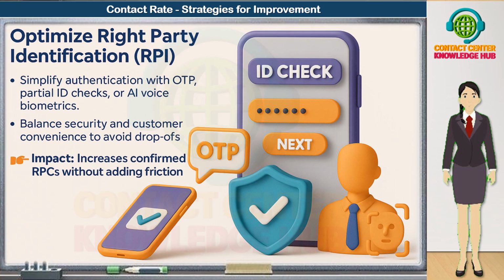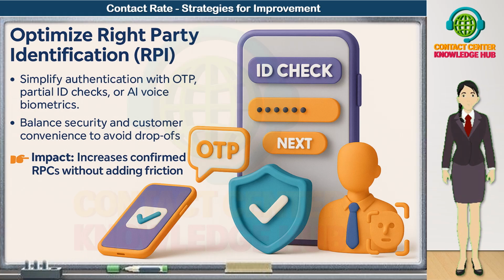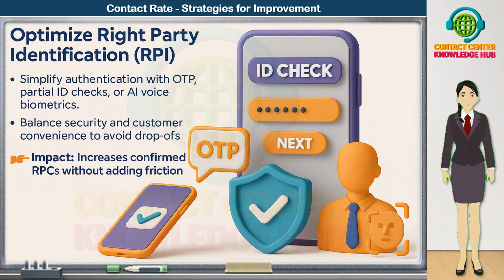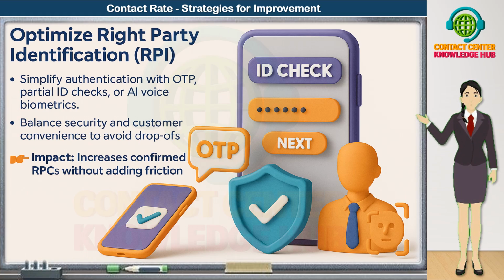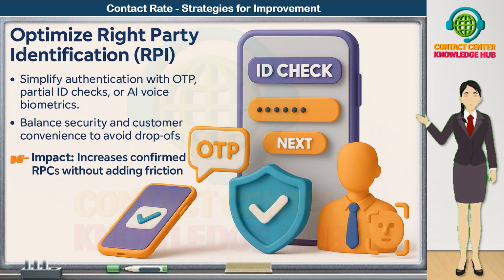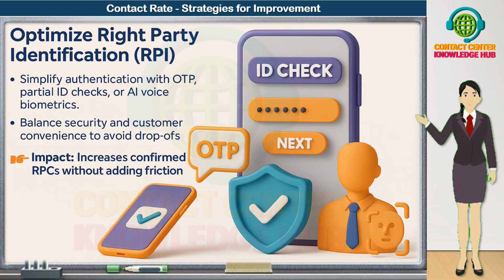Another key strategy for improving contact rate is to optimize the right party identification process, or RPI. Verification is essential, but if it's too rigid or time-consuming, customers may drop off before confirmation. That's why the goal is to simplify authentication, while keeping it secure and compliant. You can achieve this by using one-time passwords, partial ID verification, or even AI-powered voice biometrics to confirm identity quickly and accurately.